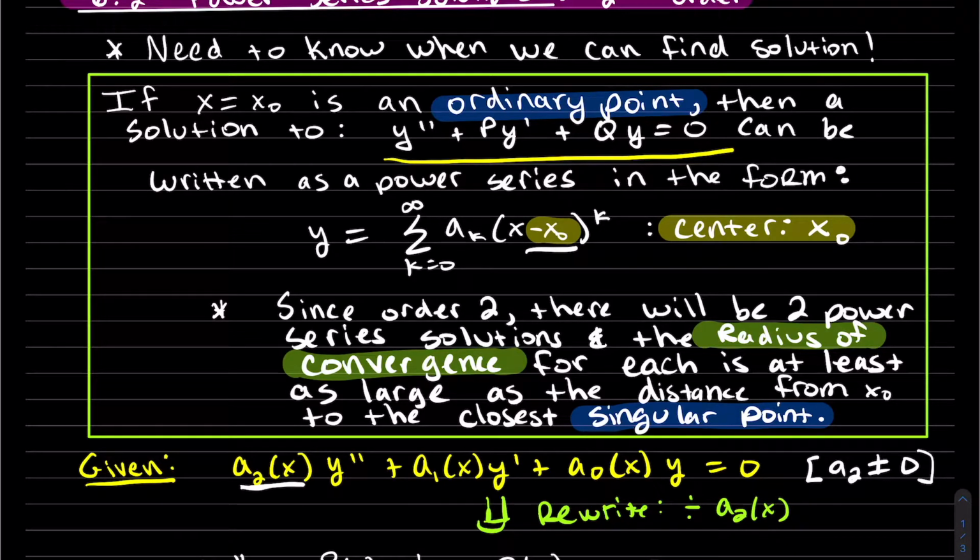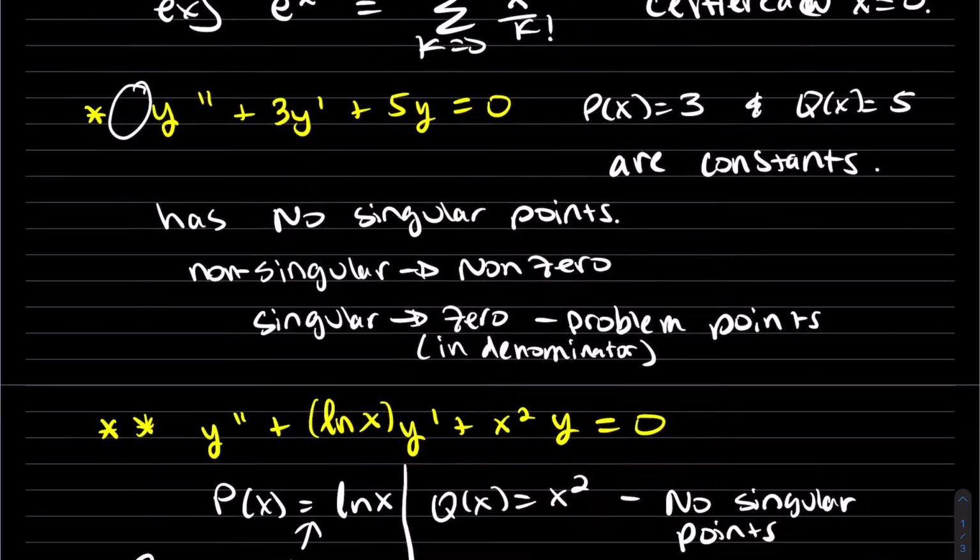It's only going to be defined up until it's undefined. So the distance will be between the center, your ordinary point, and the closest singular point. That's our radius of convergence. You hit that point and it's undefined, and it can't be represented by a power series. So here's our example.